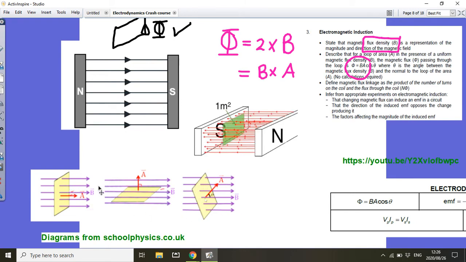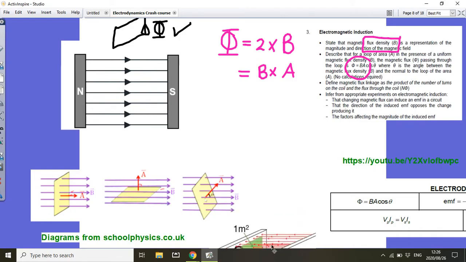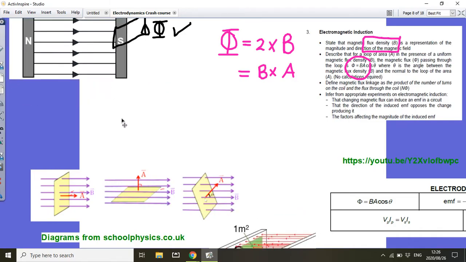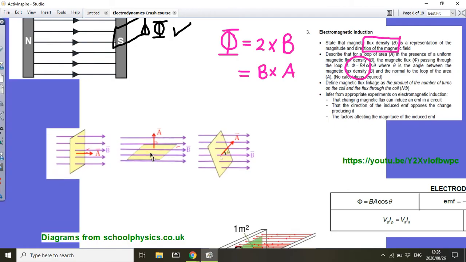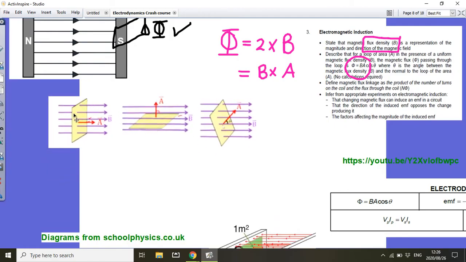Now, in this chapter, we're often going to look at things turning in a magnetic field. Again, we need to look at the number of field lines passing through this area. I'm first going to do it in the logical manner, and then we're going to look at the equations that you have. Let's move these out of the way. If you look at this one, when it's in this position, with my North Pole and South Pole, you can see the magnetic field lines are the purple lines going from north to south.